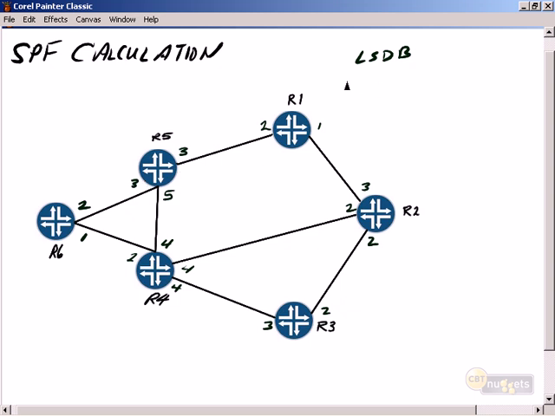So in the database it would have, say, R1 to R2. The cost is 1, right? Because R1 to R2, what's the cost on the outbound interface? It's 1. And it would say, R1 to R5, router ID to router ID, what's the interface cost? Well, it's the outbound, it's 2. Okay, so it builds this for the entire topology. That's the link state database.